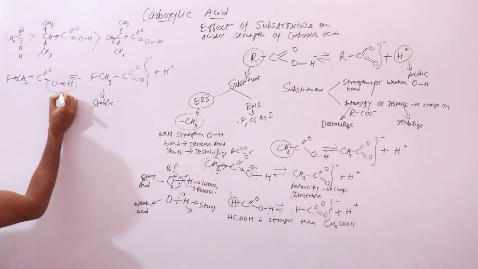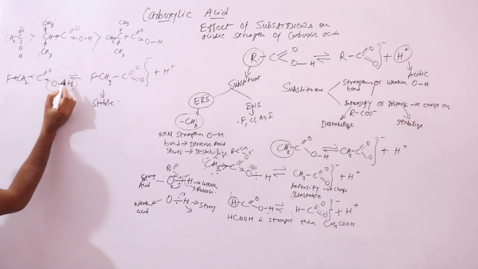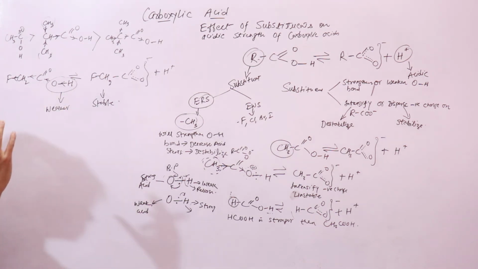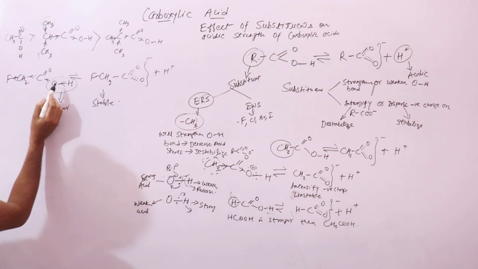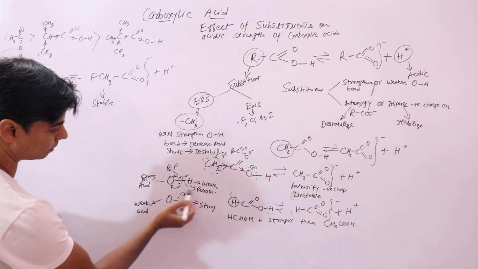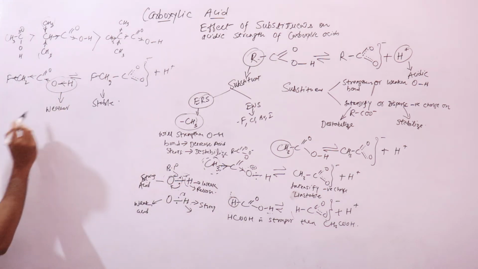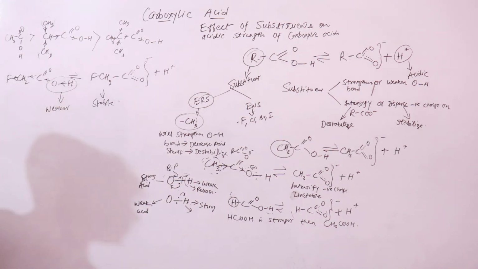And the second thing is, it will make this a weaker bond, right, by withdrawing the electrons towards itself. When the electrons are withdrawn towards the fluorine atom, this situation will become true, right? And when the bond pair moves more towards oxygen, the release of hydrogen ions will become easier.